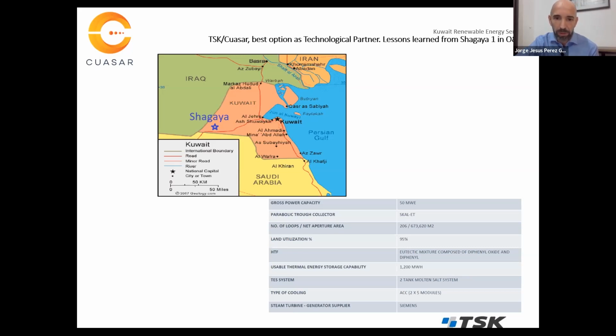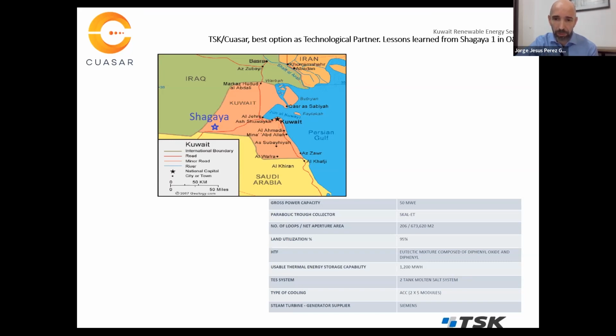But talking about the plant itself, the CSP, the biggest plant that we have there, the project is based on parabolic trough collectors. I have some technical details here.